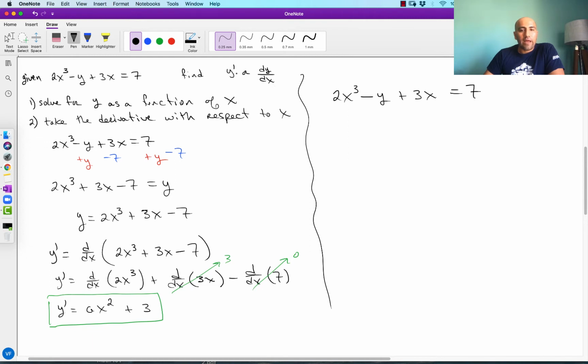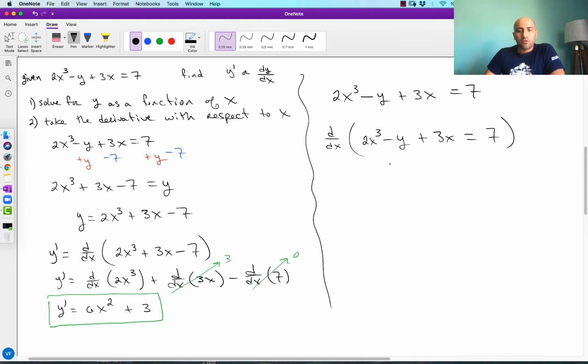When you're asked to find dy dx, you have to pay attention to the fact that the variable of differentiation is the x. So we're going to take dy dx of all of this, the whole thing, the derivative of the entire thing.